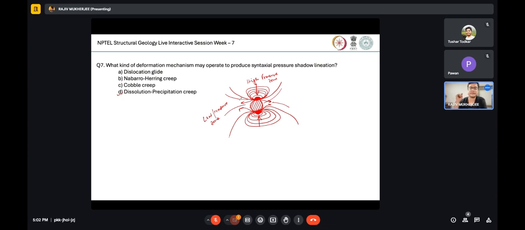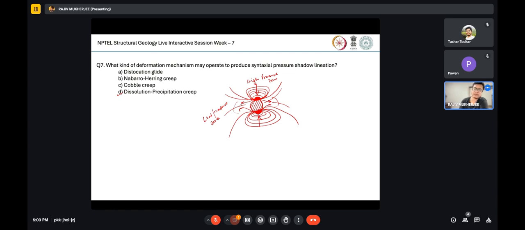So that is how the dissolution precipitation creep mechanism occurs. And because of the dissolution precipitation creep, the elements from the high stress region or high strain cap, this region is called high strain cap, they will eventually move towards low strain cap or low pressure zone and they will precipitate here.